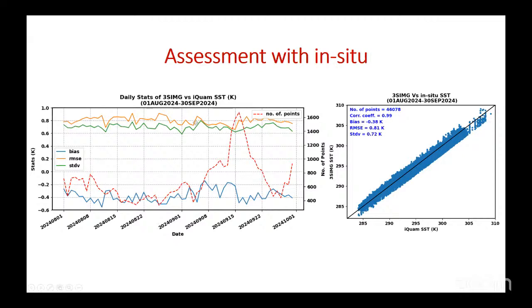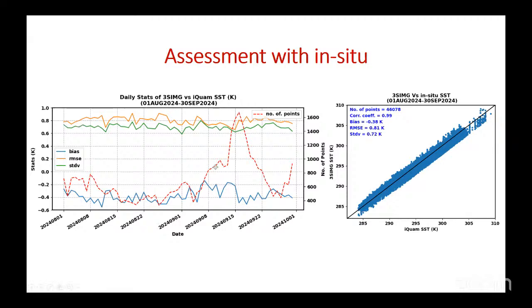This slide shows data starting from 1st August till 30th September, so 2 months of data. You can see that the green line is the standard deviation, and the orange line is the RMSE. The values are quite consistent throughout the period, with very little deviation during day and night as well.